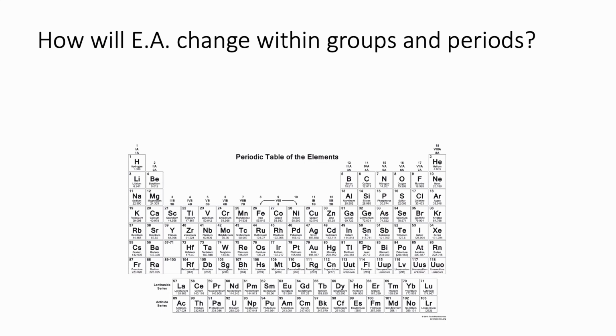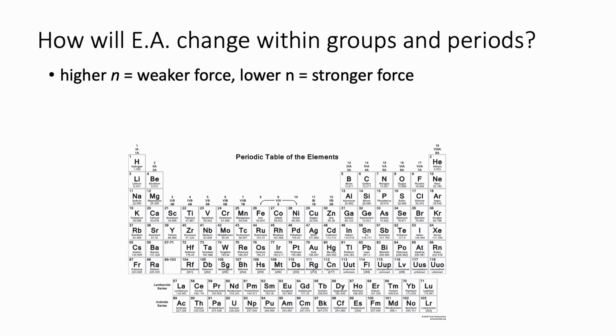Now, how will that change within groups and moving across periods? Well, the farther that electron is out from the nucleus, the weaker the force that's holding it to the nucleus. So once again, we're going to expect the electron affinity to be higher at the top of the periodic table and weaker at the bottom of the periodic table.